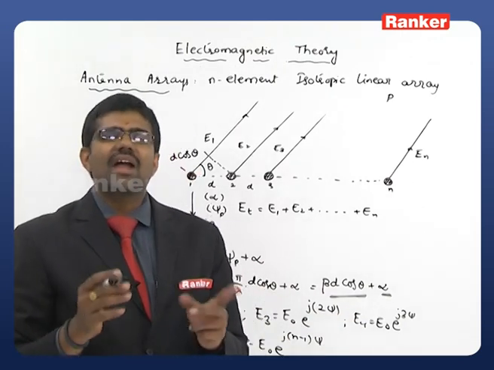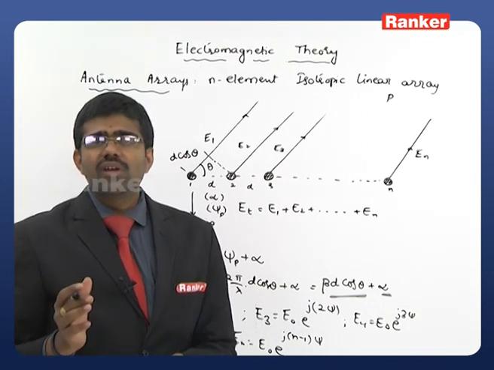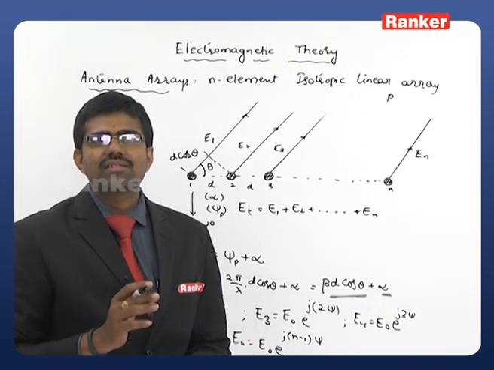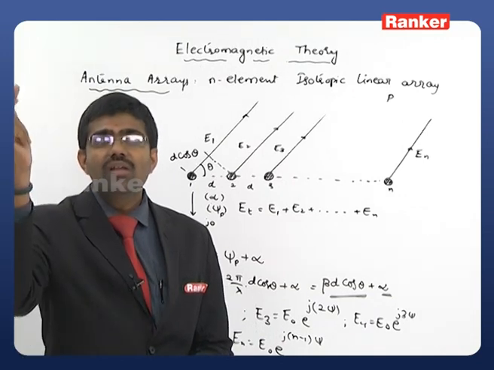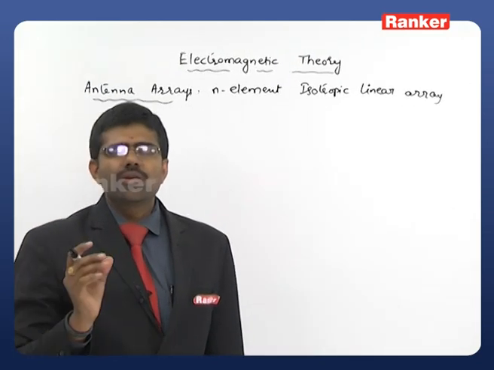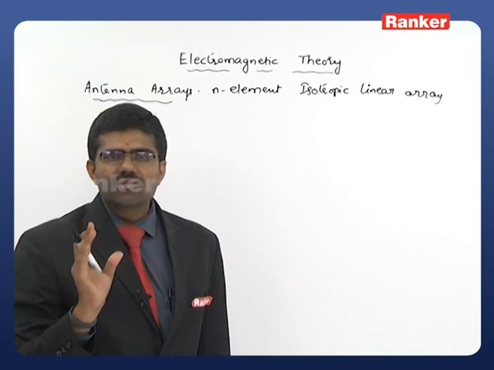What we have to do is just add them. If we add those electric field intensities, then that will be the total or resultant electric field intensity at point P because of this array. So I will add all those electric field intensities now.